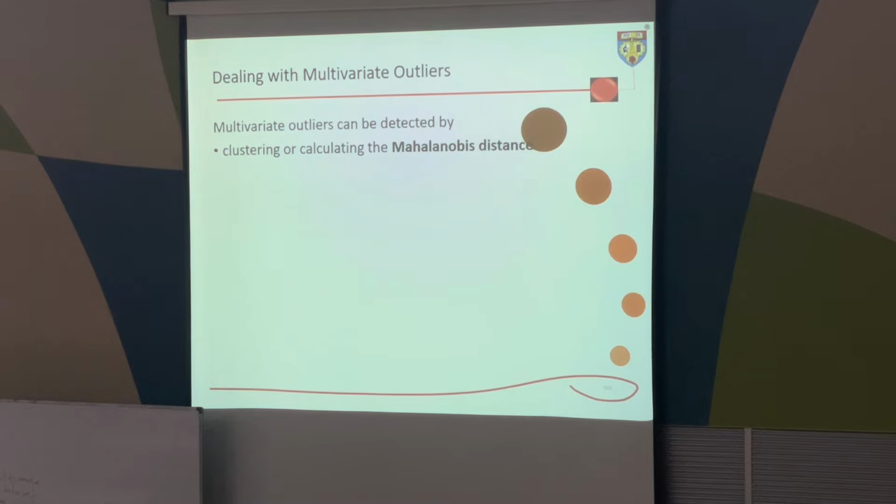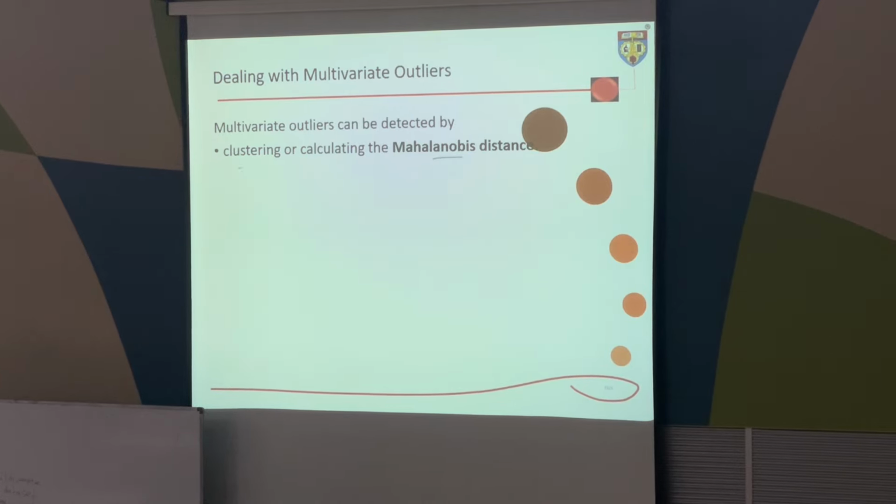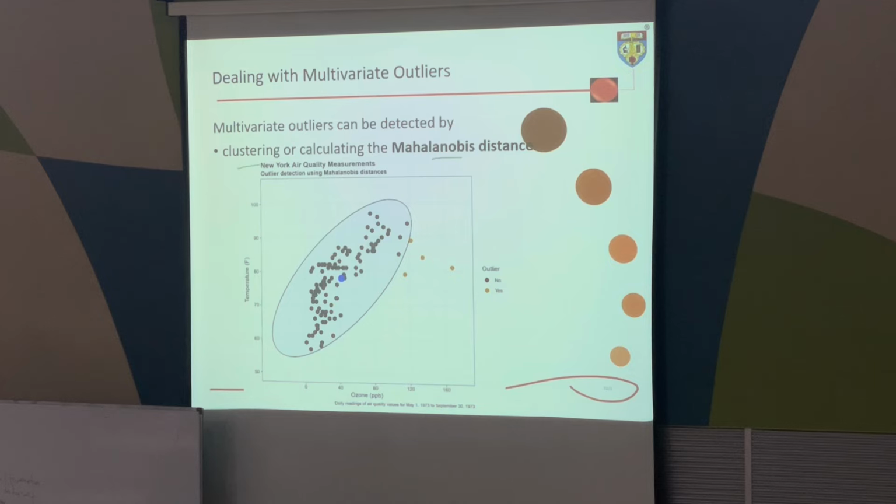The next technique that you can use to identify outliers is to calculate the Mahalanobis distance, or you can even use clustering. This is a sample visualization of the Mahalanobis distance.